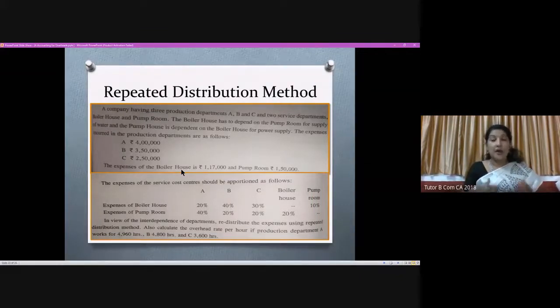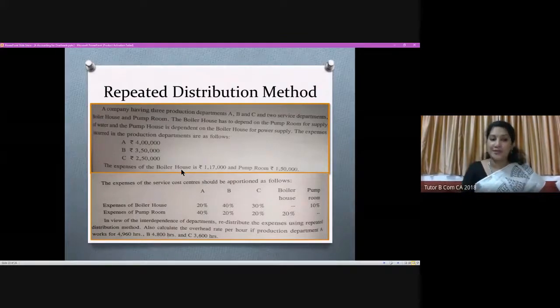Now the next question you might ask is, how do we distribute it? In what ratio are we going to distribute it? Normally, with this method, in your question itself, they would have given the ratio in which it needs to be distributed.